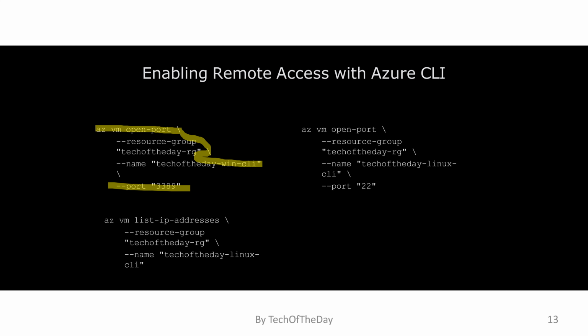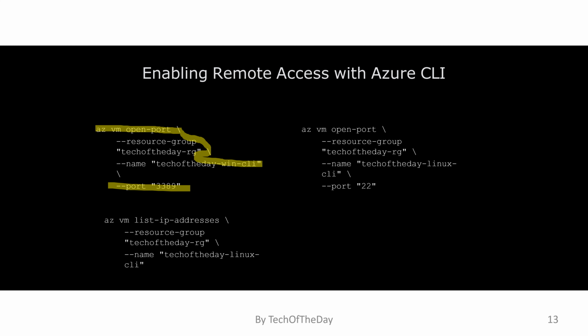It is simply saying create a rule to open the port on this virtual machine, with the parameter 3389. So let's go ahead and run that code.